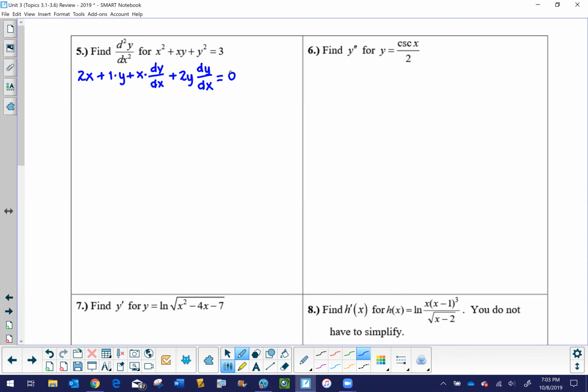And I'm more of a fan of getting the dy dx by itself. If you absolutely hate this, you could experiment and try it the other way, I suppose. But if I subtract the 2x minus the y over, and then I see that this x plus 2y is going to be what's left when I factor out the dy dx, it's very likely that you could just divide that over in one step.